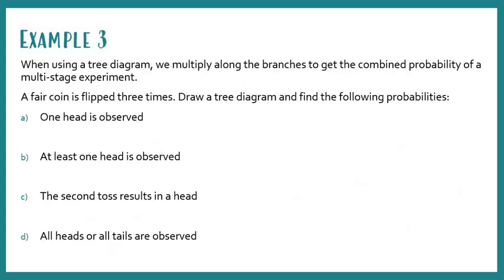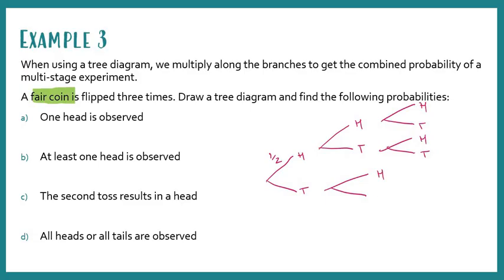Now, when it comes to anything that is more than the 2 steps, I highly suggest that we use a tree diagram instead. If I'm looking at a fair coin being flipped 3 times, once again, we're assuming heads, tails being a 50/50 chance, right? My tree diagram here is going to have 8 possible outcomes once I finish writing them up, okay?